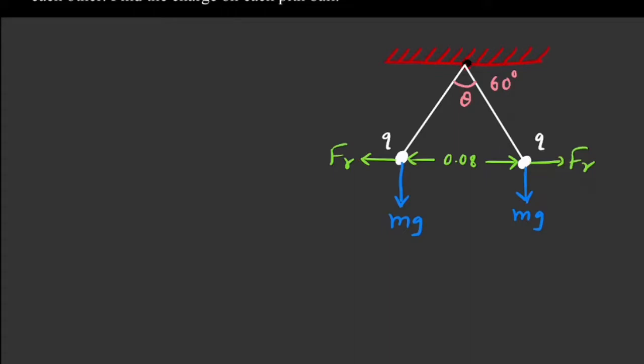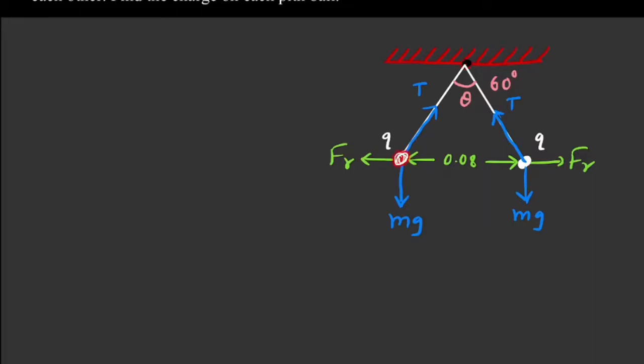And also because the balls are attached with threads, one more force is acting on each thread. Yes, what is this force? This is called the force of tension. It is also acting along the thread like this. It means how many forces are acting on each charge?